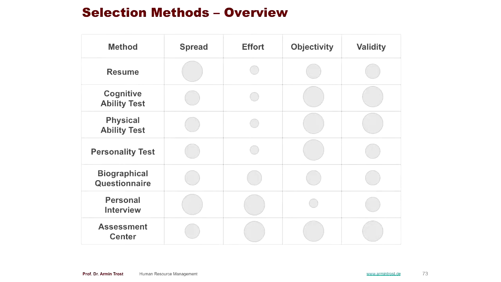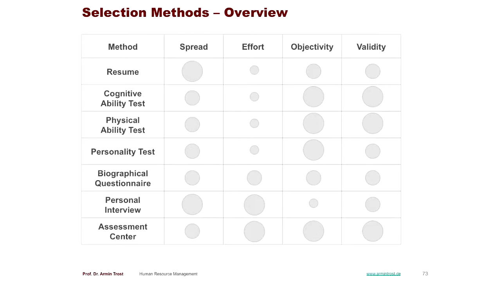I will not ask you about the size of the circles in these different boxes. But you should understand why we believe that an assessment center, for instance, is more objective than an interview. But you will be able to do this when you follow my presentation.